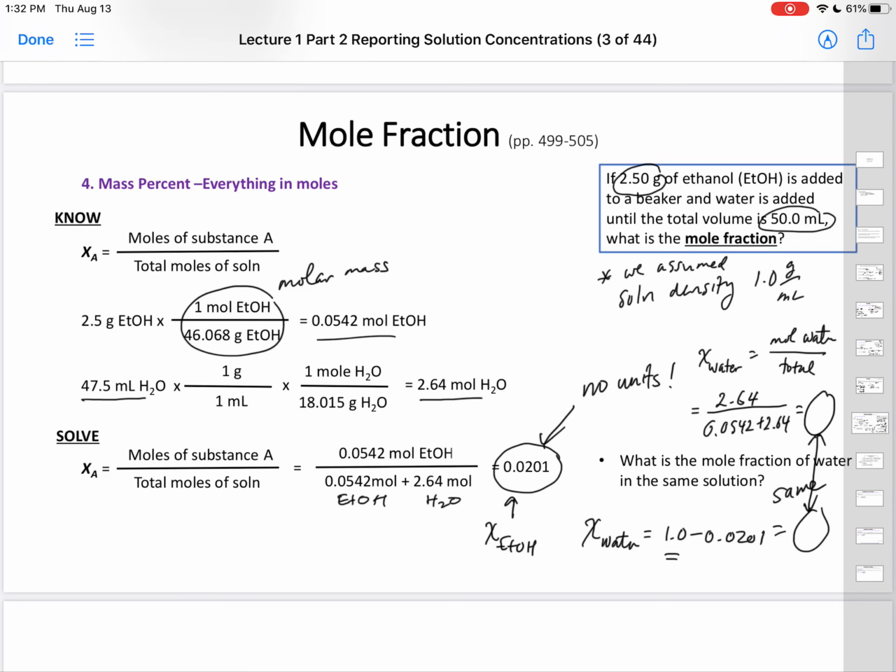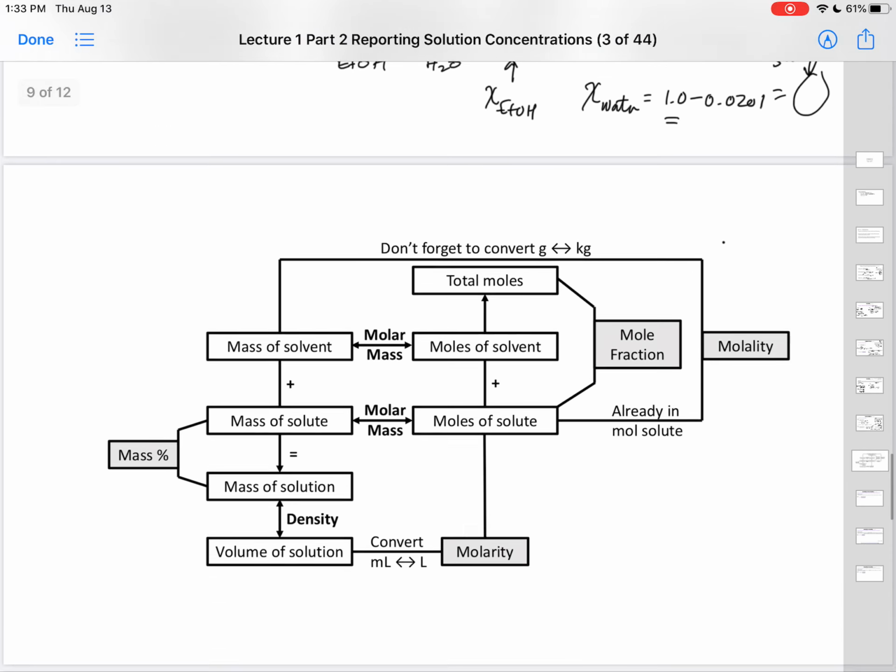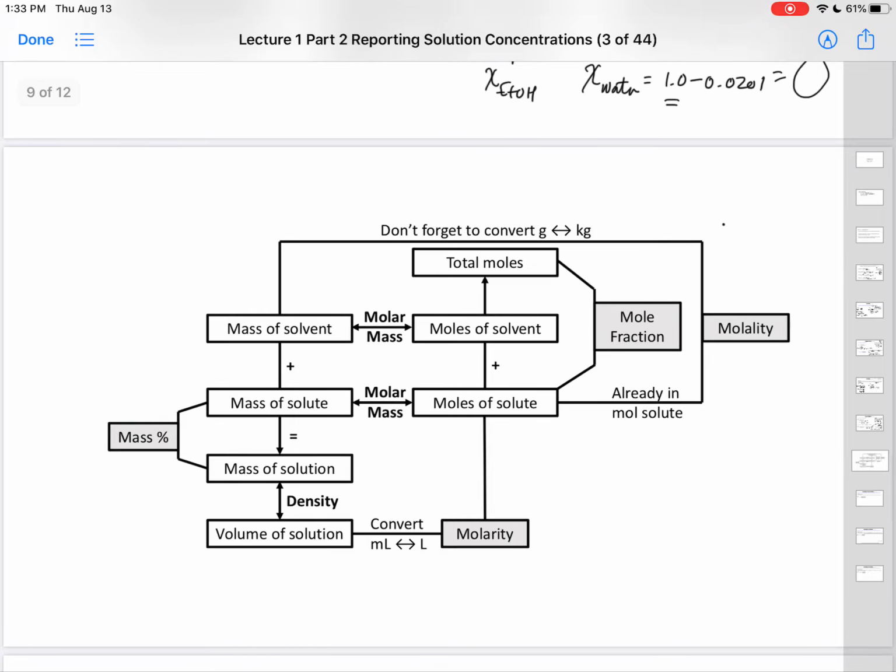There's not a wrong way or a right way. A lot of times, let's say you're reading something and it's in molarity, and you would like to have the concentration in mole fraction to compare to what you're doing. So there are ways to convert from each of these concentration expressions into other concentration expressions.